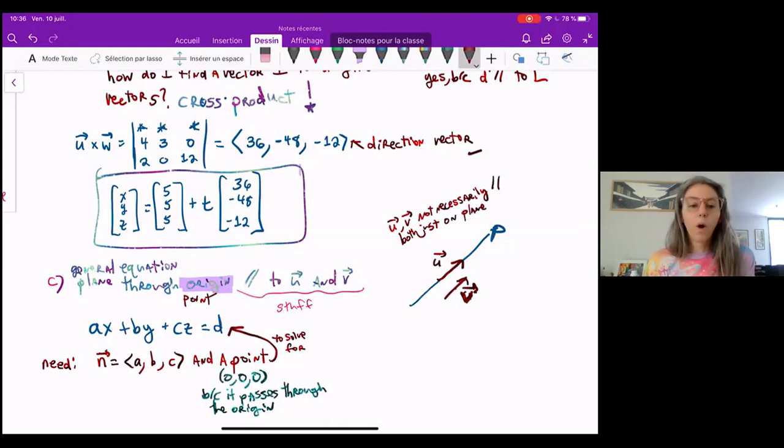Good. Now, what did I need? I need my normal vector. Direction vectors are parallel. What are normal vectors? What's the relationship between a normal vector and the plane? Is it parallel, perpendicular, or neither? This is just a thing you have to memorize.